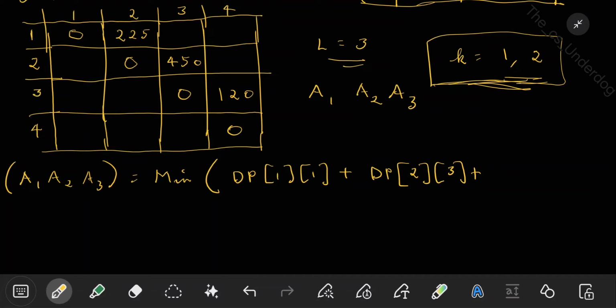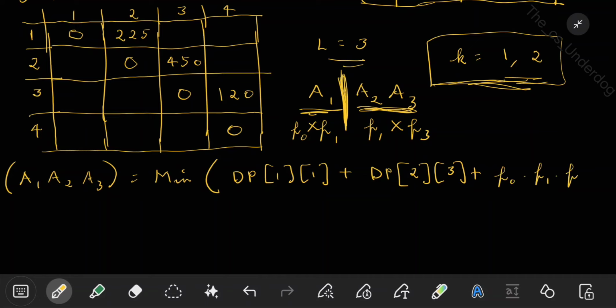So 1, 1 and 2, 3 means the split is here after A1. In this case, the first part will have the same dimension as A1, that is P0 by P1. For the second part, the result will have dimension P1 by P3, right? So how can you find the total number of scalar multiplications? It will be P0 into P1 into P3.